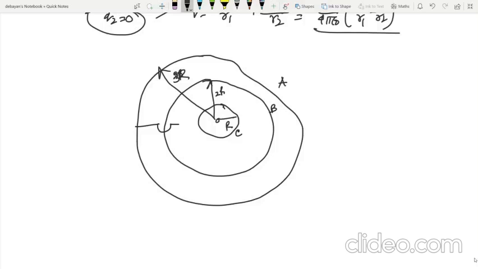That is the initial charges that is given. So after these connections, determine the final charges, say QA, QB and QC.